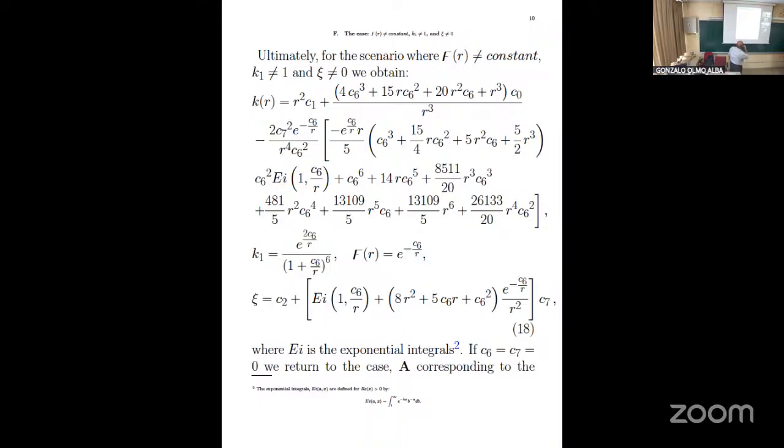In that case, we solve the system and obtain this is the form of k, and this is the form of k1, and this is the form of f of r, whose first derivative is given by this exponential, and this is the form of the electromagnetic field. As we see, this is a new solution, a generalized new charged BTZ solution, generalizing the Einstein BTZ.